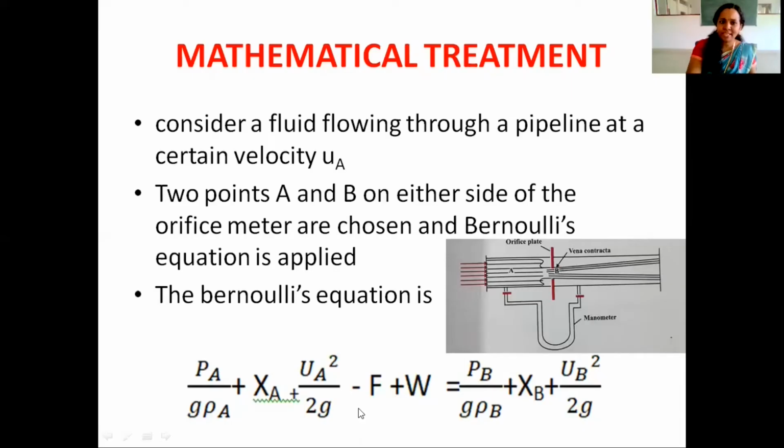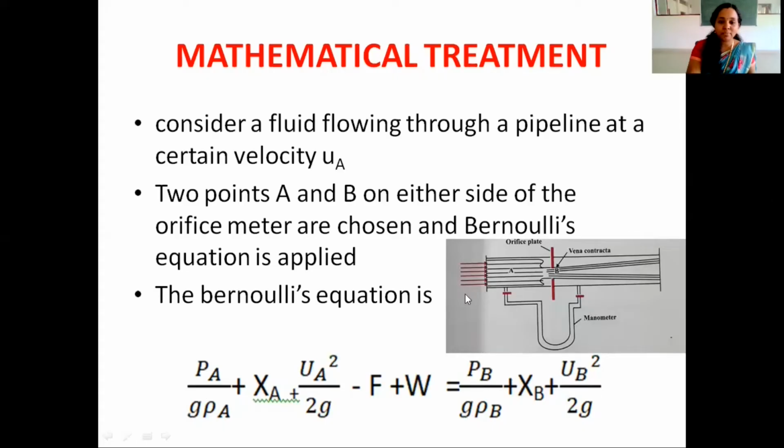We are familiar with this equation. This is Bernoulli's equation: PA divided by g rho A plus XA plus UA square divided by 2g minus F plus W, that is equal to PB divided by g rho B plus XB plus UB square divided by 2g.